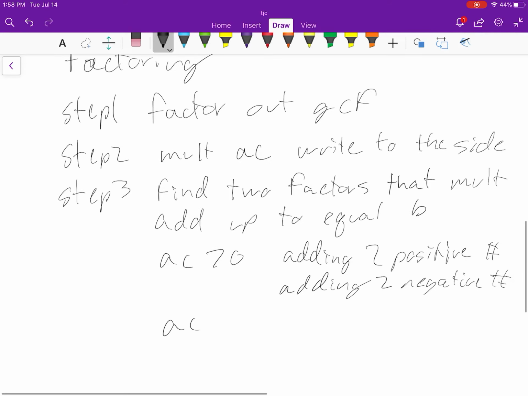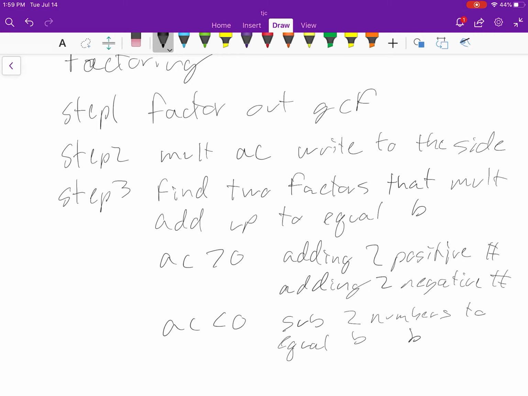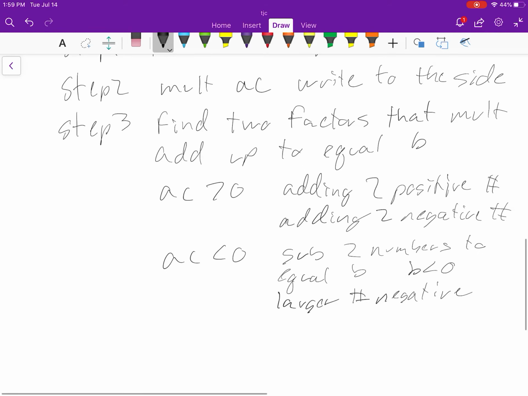If AC, however, is less than 0, then you're going to subtract two numbers to equal b. If b is negative, the larger number is negative. If b is positive, then the larger number is positive.